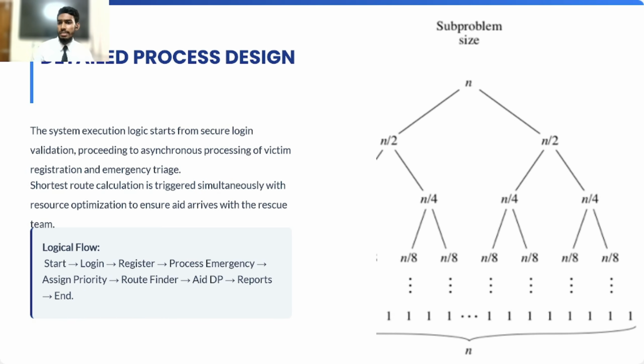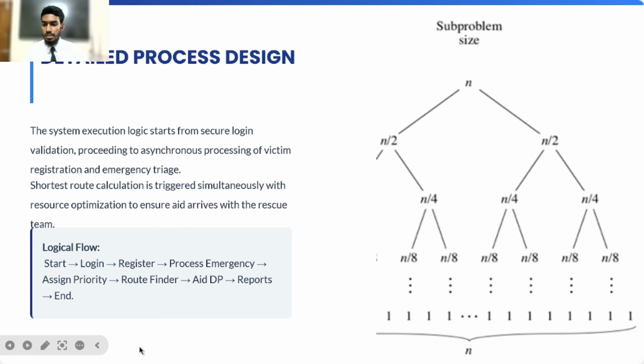Now I will discuss the detailed process and design. The execution starts from the login page. After successful login, we can register new victims and process emergencies. Shortest route calculation is triggered simultaneously with rescue optimization and ensures aid arrives with the rescue.